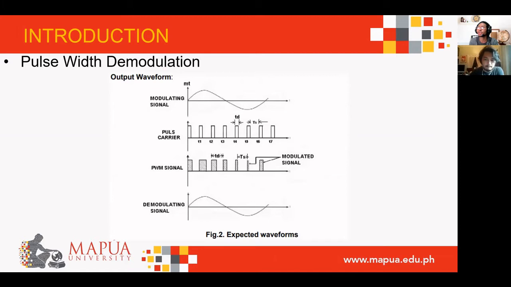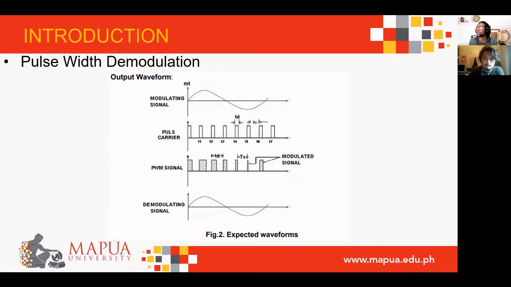So for the first sample, we need to use the pulse width modulating signal as the input. And as you can see in the plot, the expected waveforms are the following.